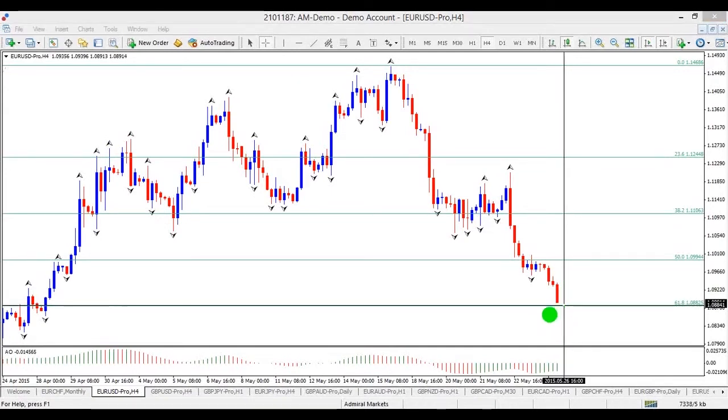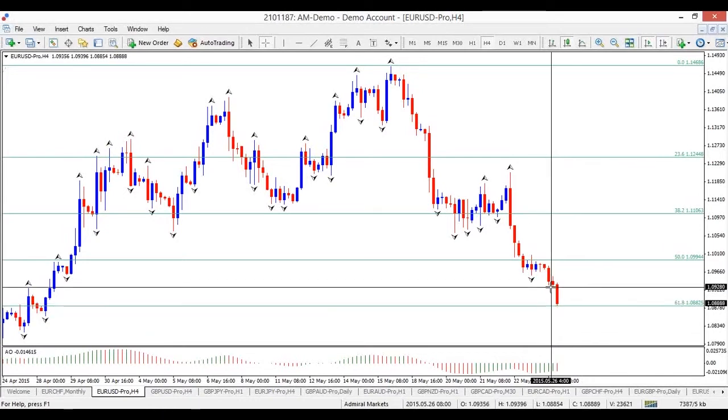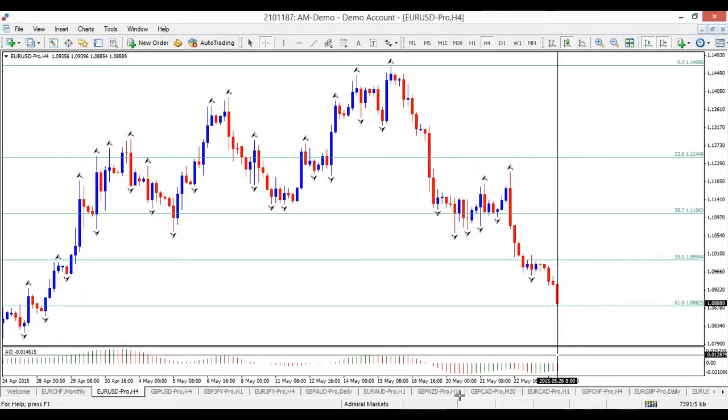If price actually goes here and goes sideways and then starts to break below that triangle, it could be shorting territory. So let's see how price reacts here today.